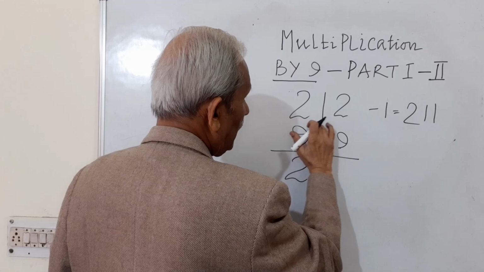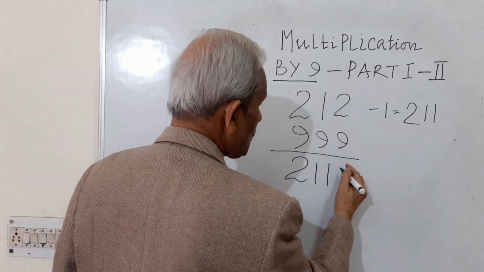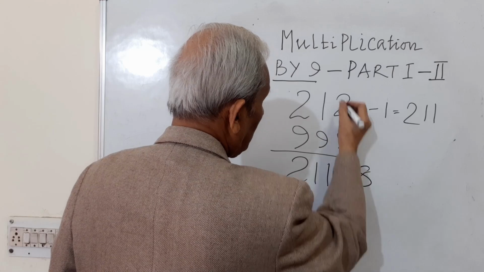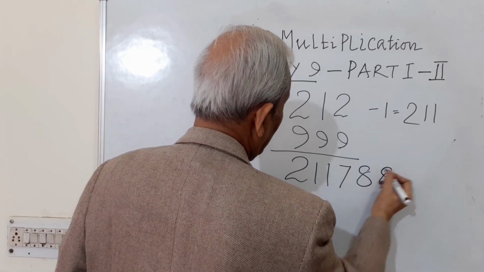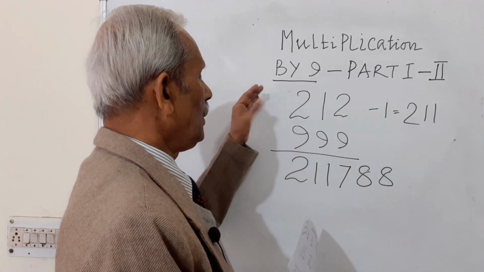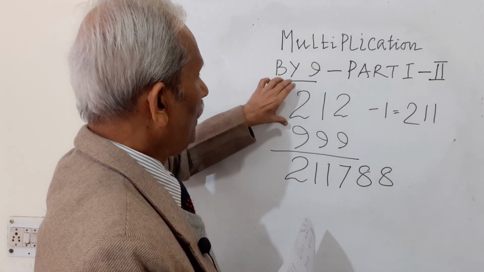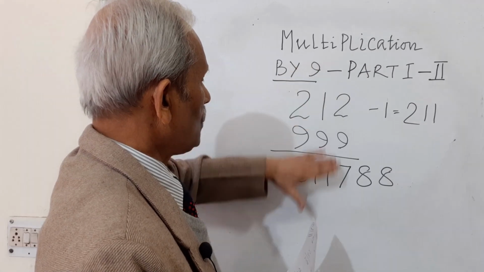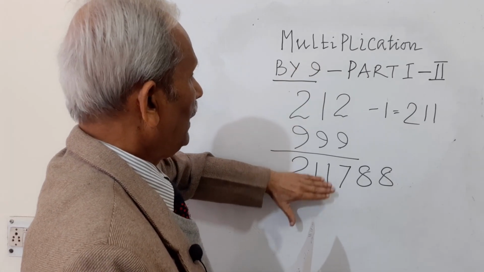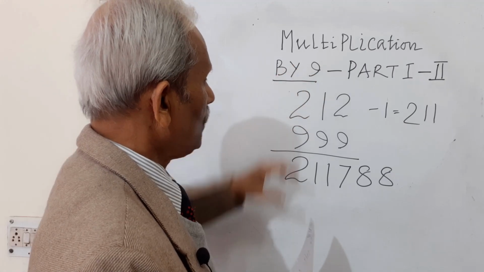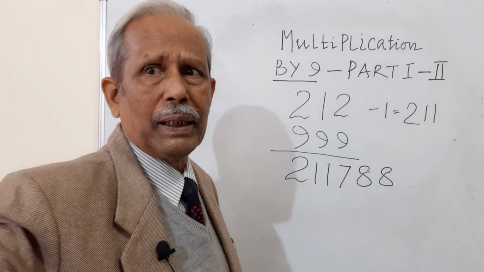All from 9, last from 10: 9 minus 2 is 7, 9 minus 1 is 8, 10 minus 2 is 8. So the answer is 211,788. What have we done? We reduce the multiplicand by 1, so it becomes 211, and then we find the complement of 212, which is 788.